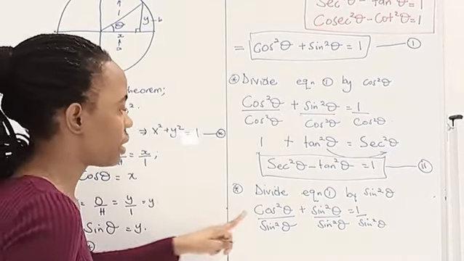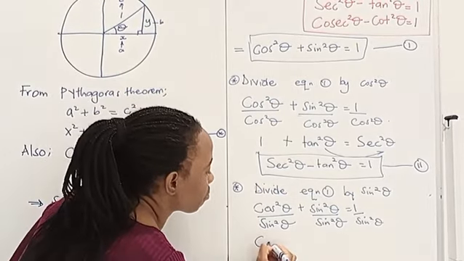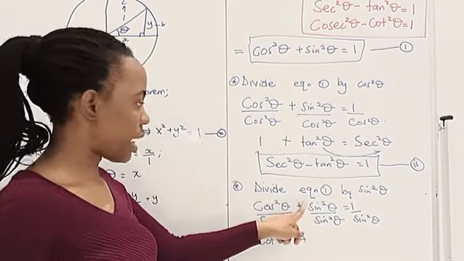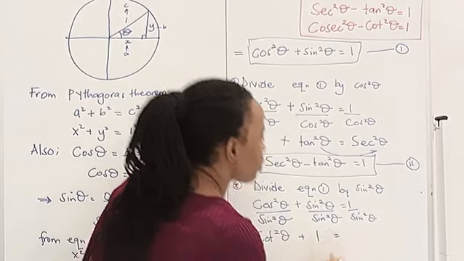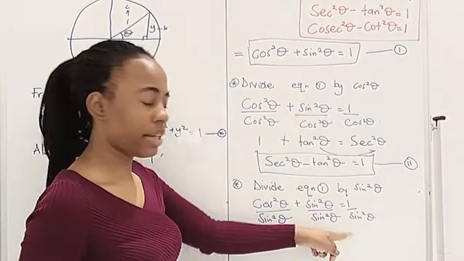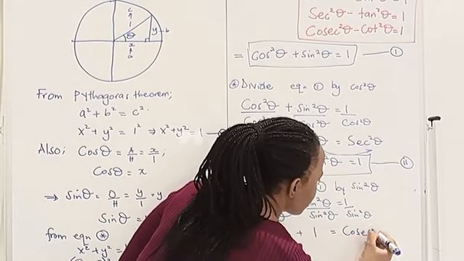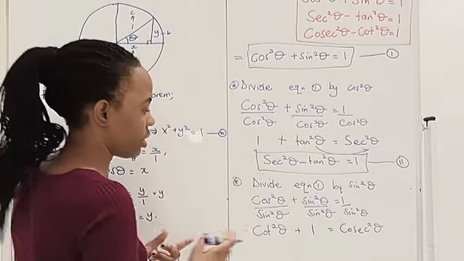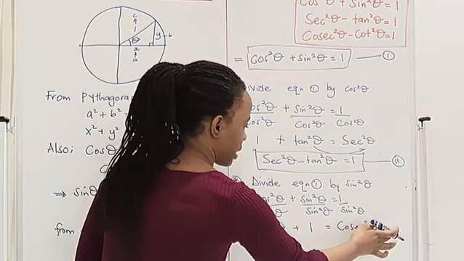Okay, so cos divided by sine, you get cot. So this is cot squared theta plus sine divided by sine, you get 1 equaling to 1 divided by sine, you get cosec. So that is going to be cosec squared theta. Now, to make changes, I will take cot the other side and it is going to become negative.